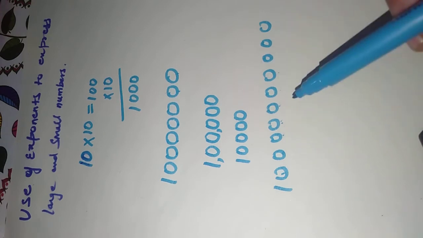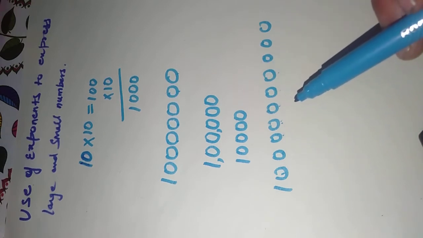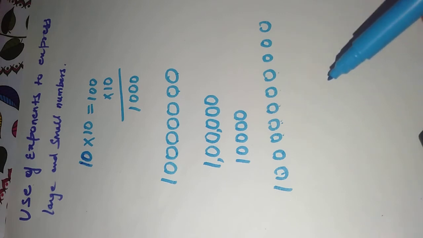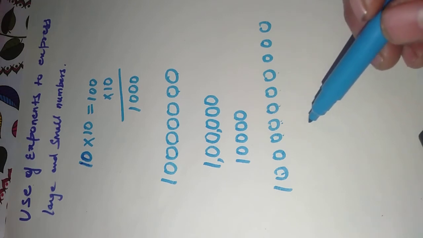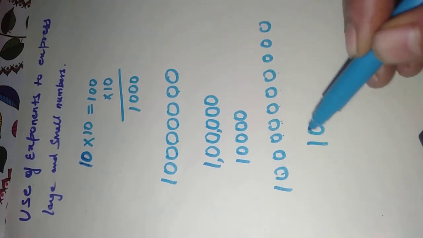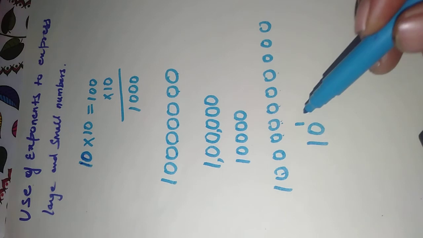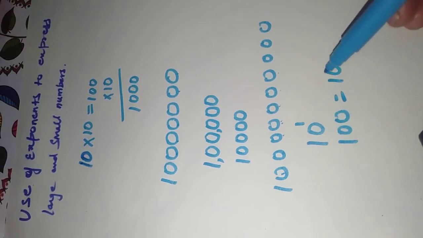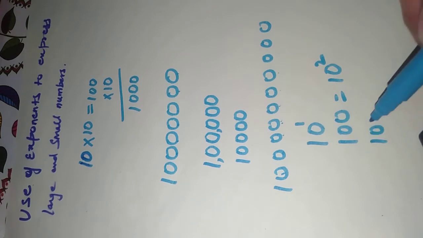So to avoid all these things, to express large numbers, we need to express them in the exponential form. We express 10 as 10 to the power 1, 100 as 10 to the power 2, and 1000 as 10 to the power 3.